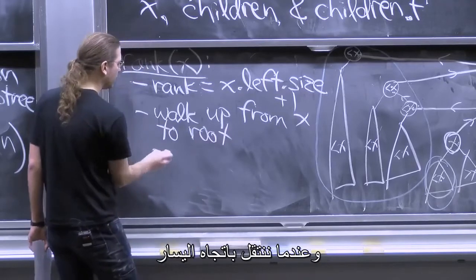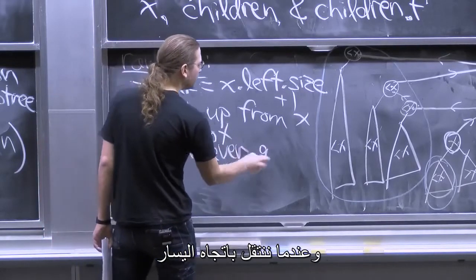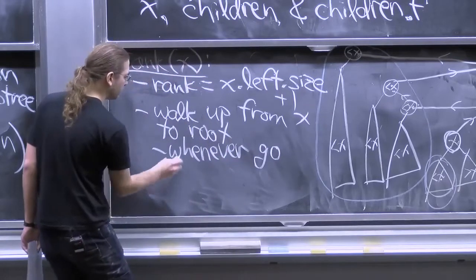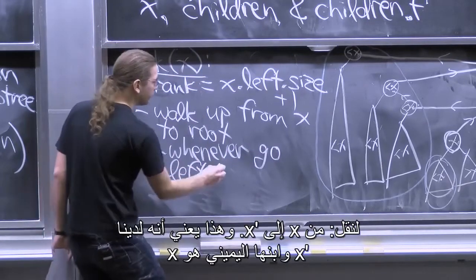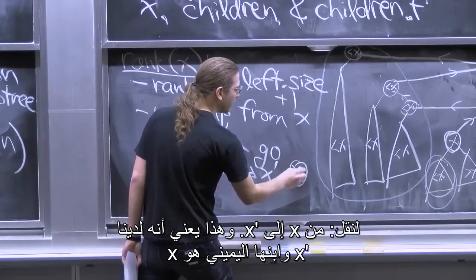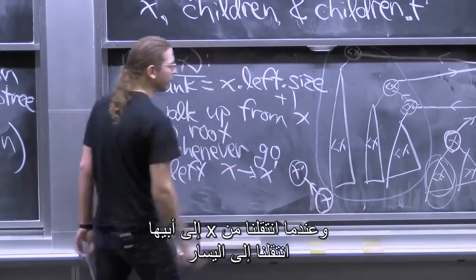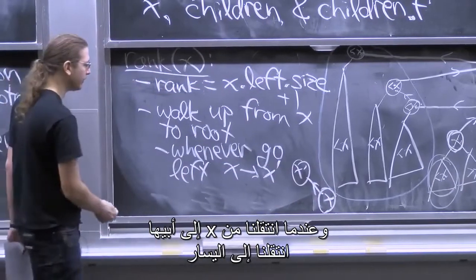And whenever we go left from, say, x to x prime, so that means we have an x prime whose right child is x. And so when we went from x to its parent, we went to the left.